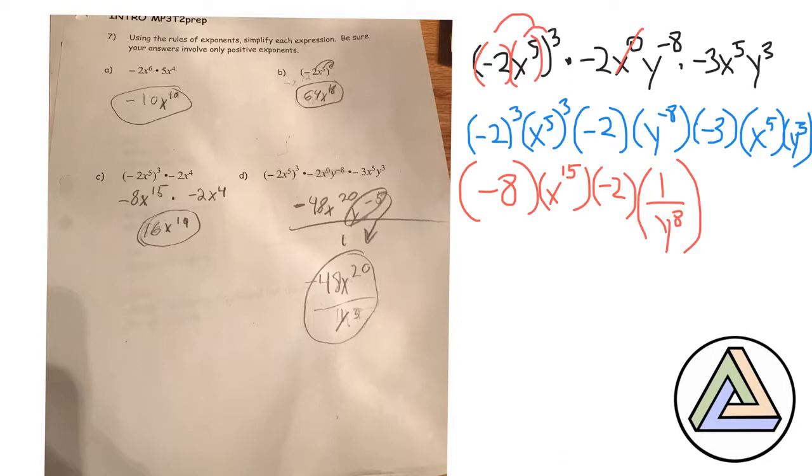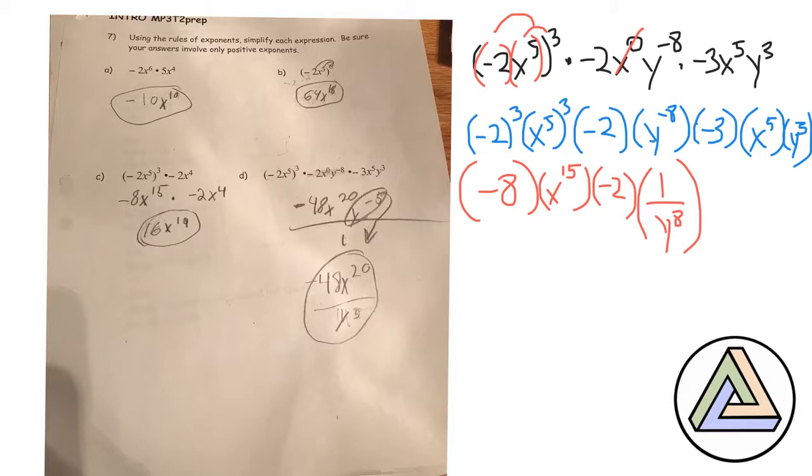So in other words, if I had x to the negative 10th, well, that would equal 1 over x to the, drum roll, positive 10th. That's how that one works. So that's what you could do with negative exponents when they're up here.